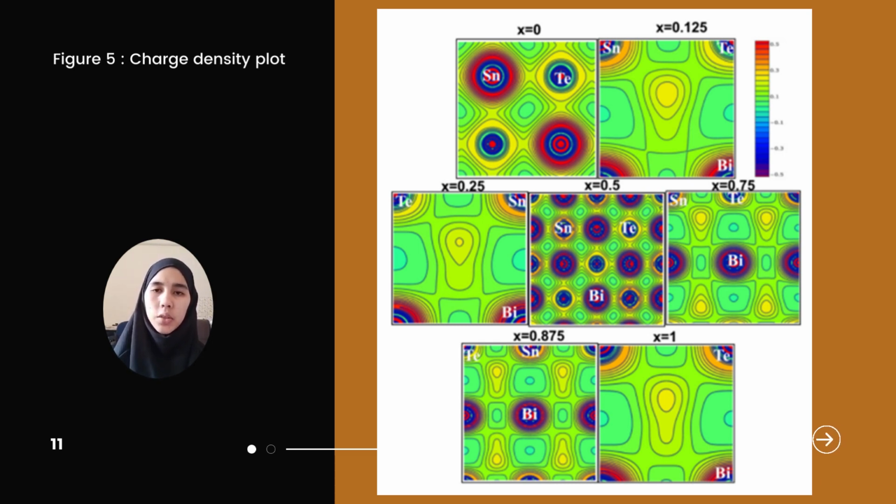In charge density, electronegativity is an important concept. It determines whether the material is ionic or covalent in bonding nature. If the electronegativity difference between the atoms is large, the transfer of charge takes place and the material results in ionic bonding nature.